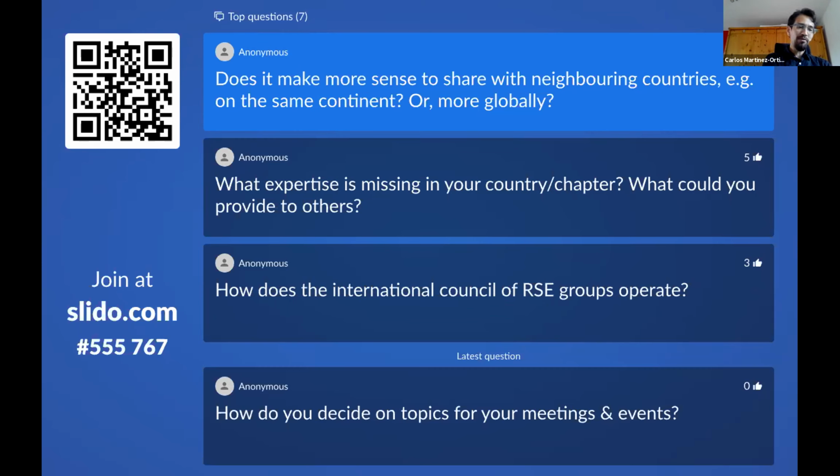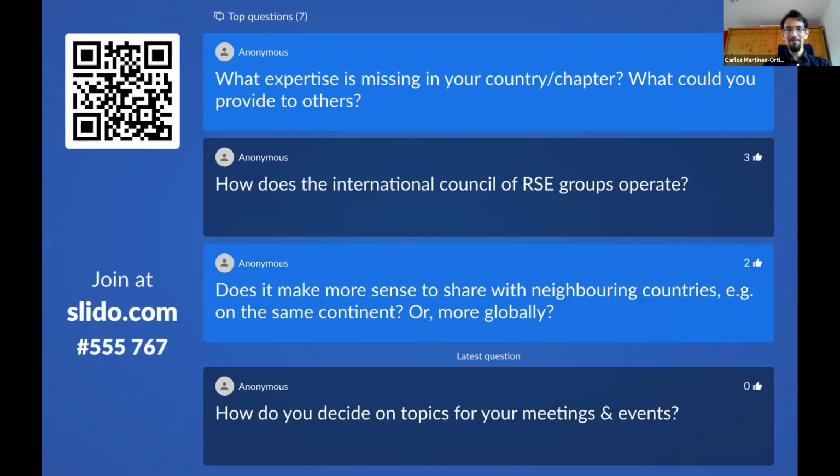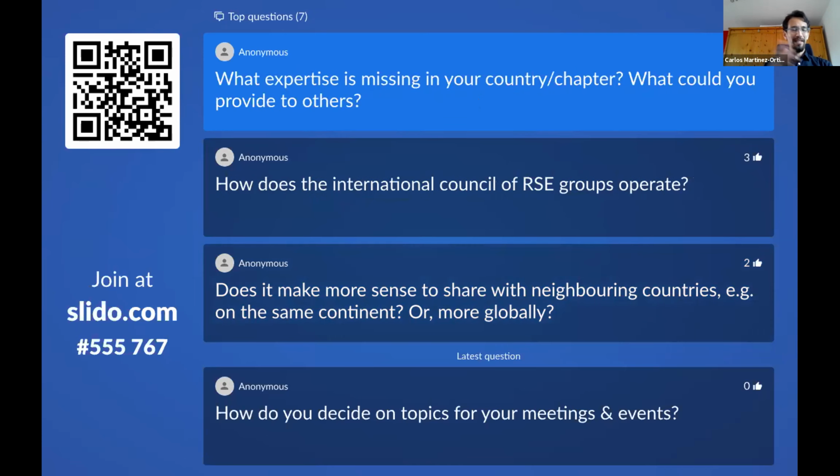So we're copying a lot from that. And I think that there's a lot of potential for reuse of these formats and sharing some expertise on how do you organize a local meetup, which topics do you touch on, how do you organize, I don't know, software carpentry lessons. And I think there's a lot of potential for collaboration in those areas of which type of events and with which content, which format.